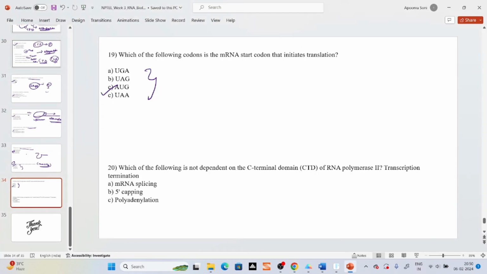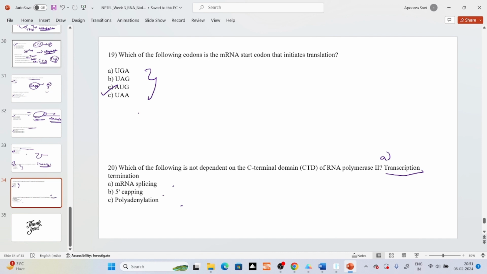Now the last question is, which of the following is not dependent on the C-terminal domain of RNA polymerase?